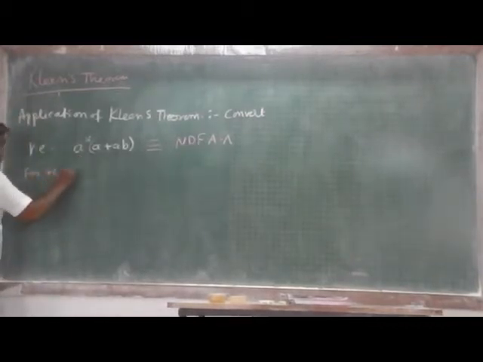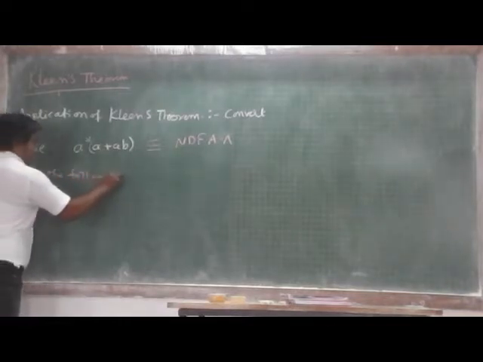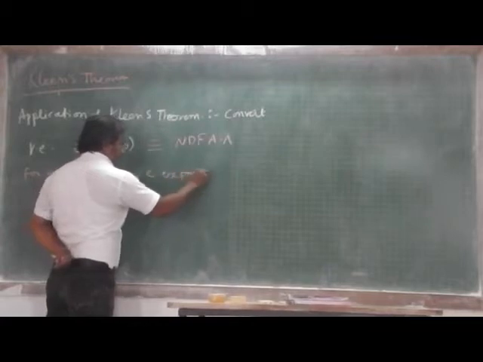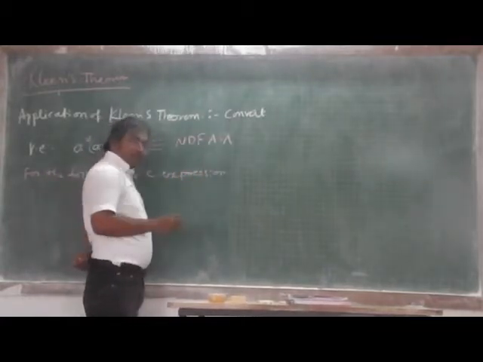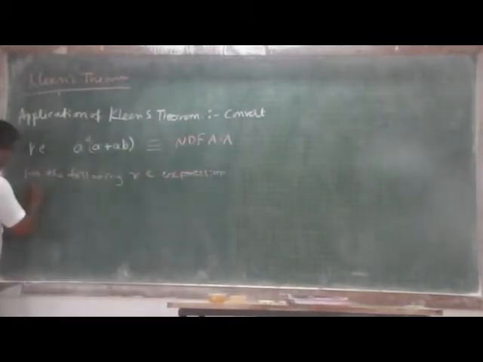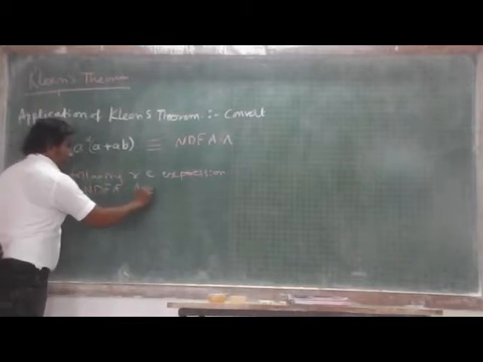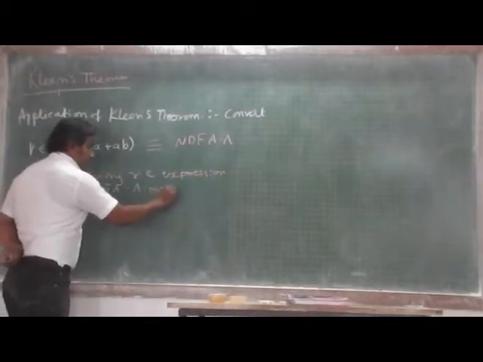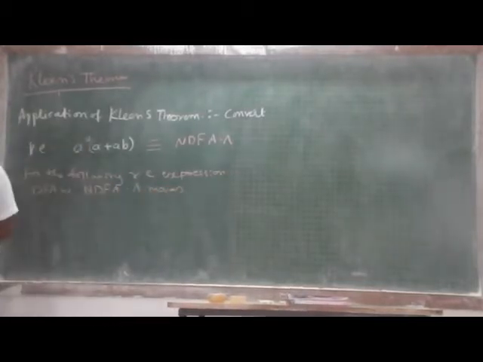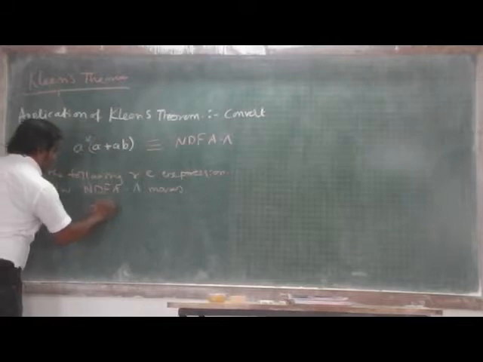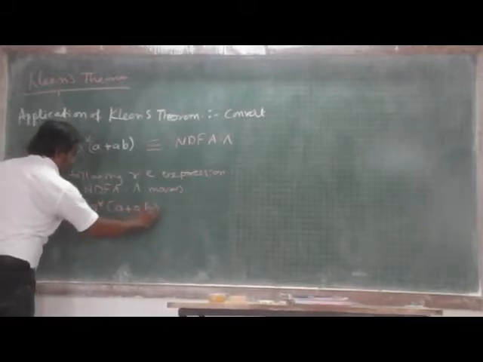For the following regular expression, draw NDFA with null moves. This is the university exam question. So the regular expression will be, for example, like this: A star A plus AB.